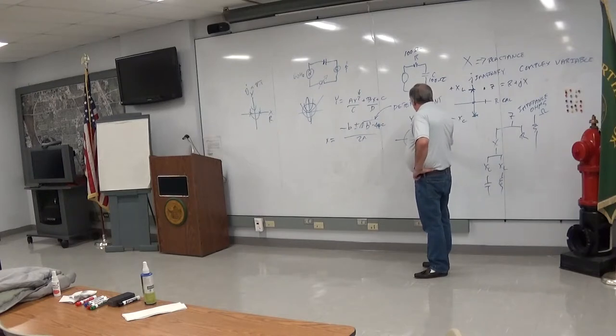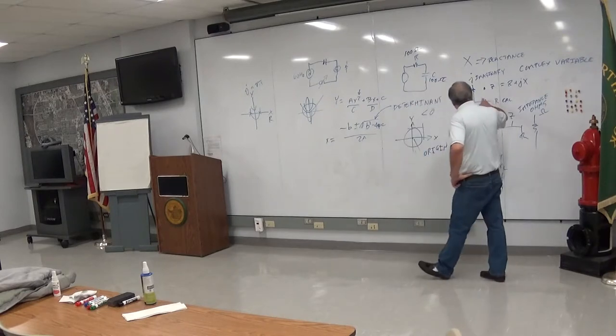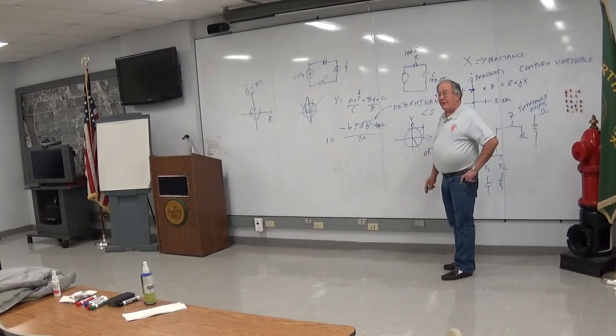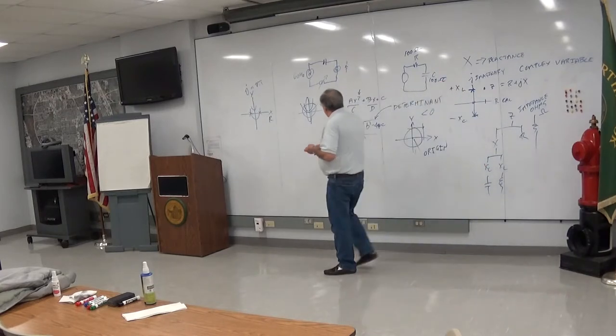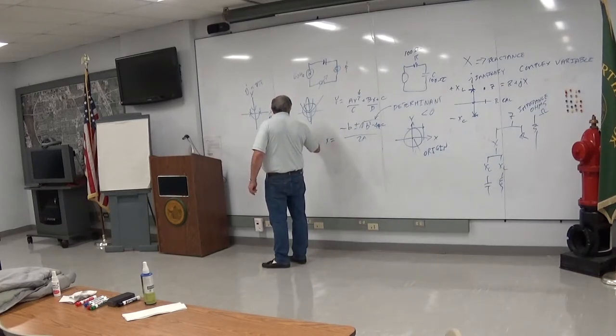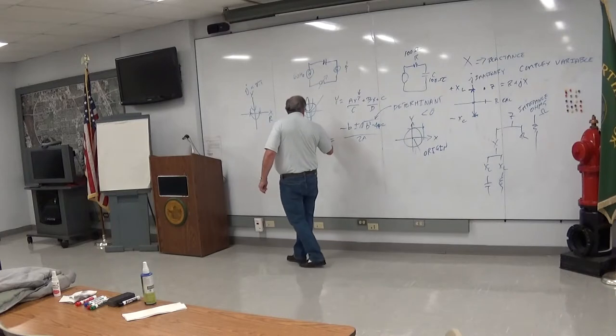Both of them have this thing in the middle called the origin. When I pick the value of X and pick the value of Y, or in this case the value of R and the value of X, and I say my impedance is right there, that's one way to locate it, to say it's so much X and so much Y. And in the case of the polynomial, Y is equal to AX squared plus BX.